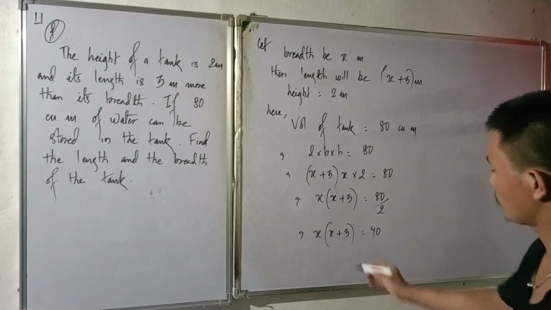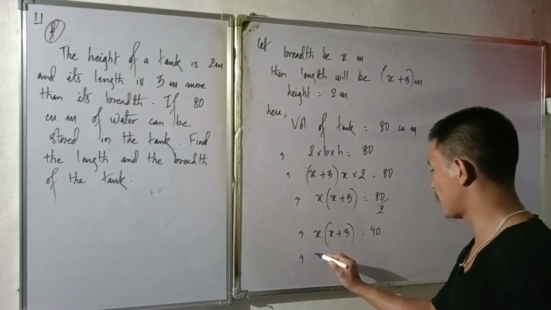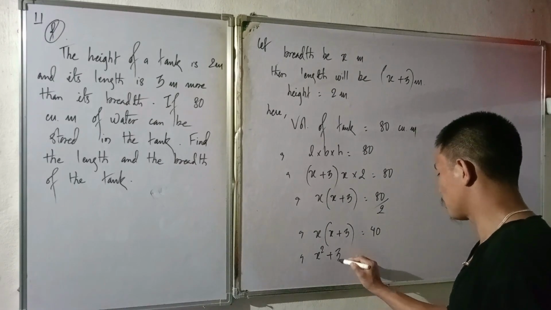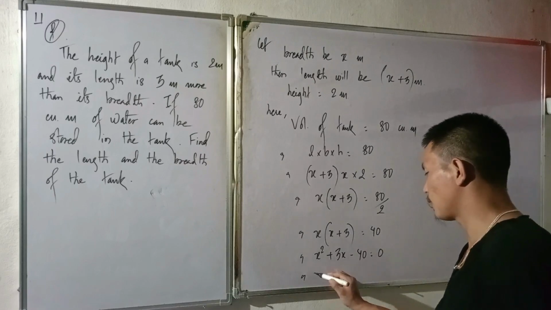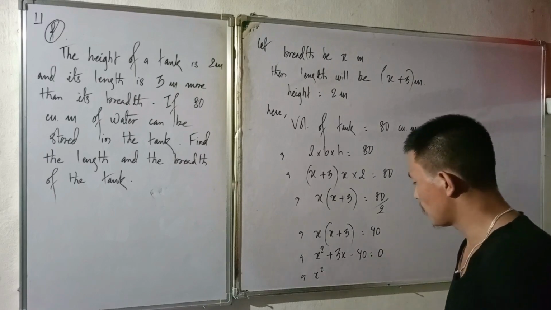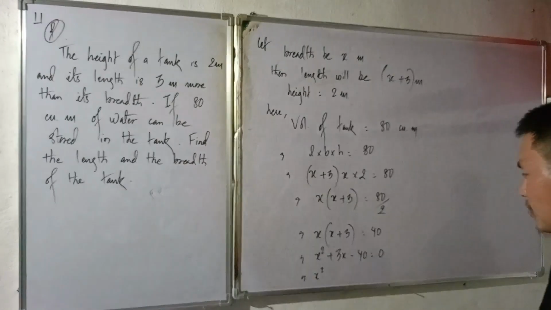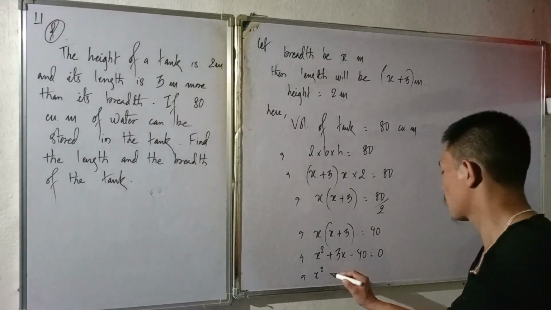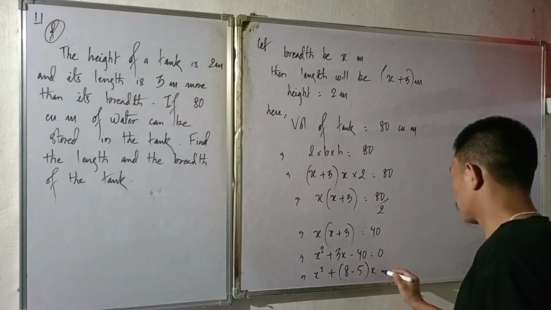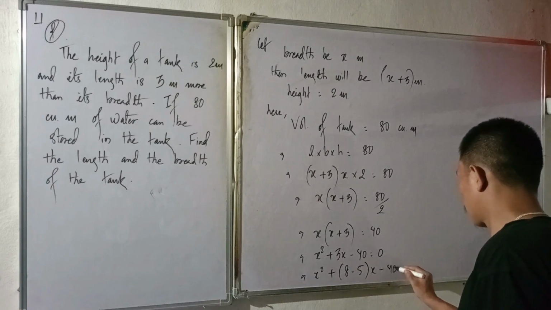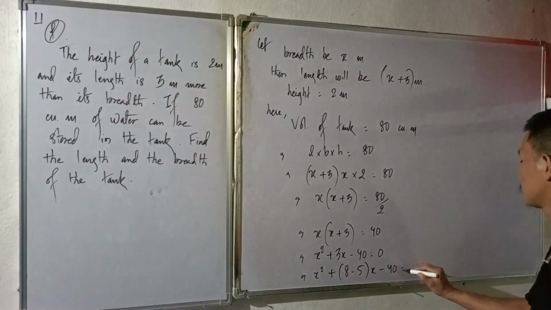Now you simplify this. x square plus 3x minus 40 is equals to 0. Now you simplify this. How many times 5 is 40? 8 minus 5 equals to 0.